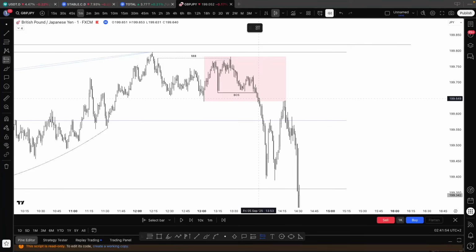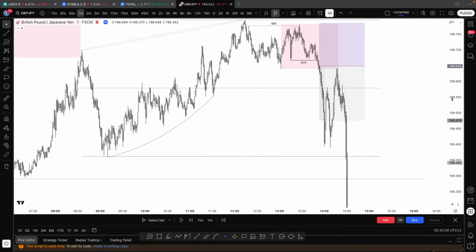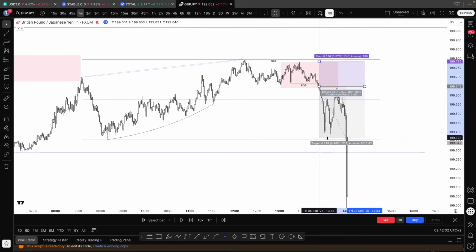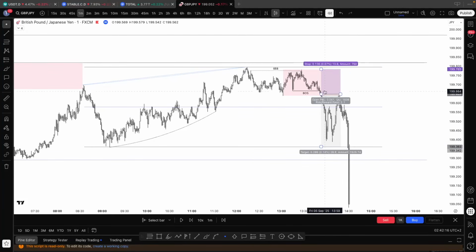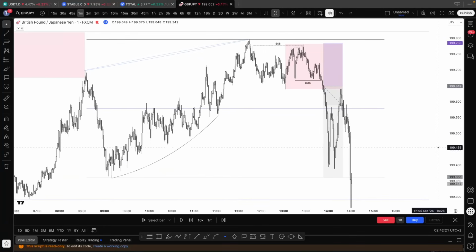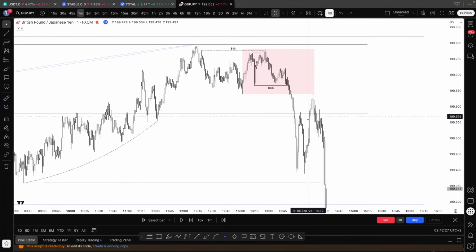So you're short from here, and what makes this trade wonderful is that you could de-risk it very, very quick. Because at first I had my de-risked TP right there. So my de-risked TP was right there. I had some text right there as well, like de-risked TP. But the thing was, when you didn't take out that range low, you went higher, you mitigated this supply zone, and you went lower.